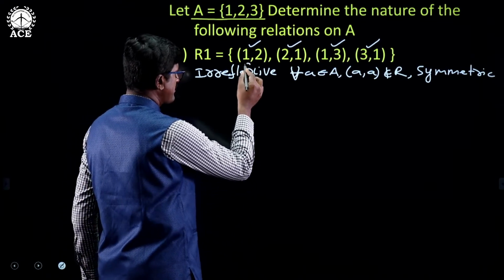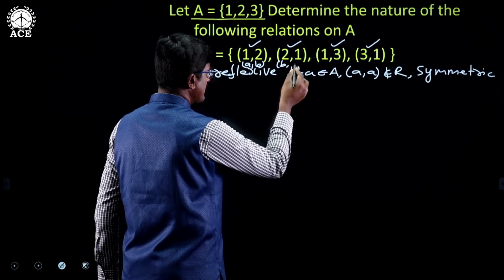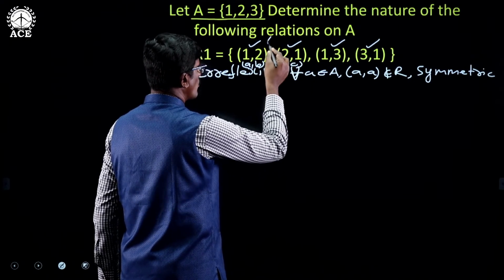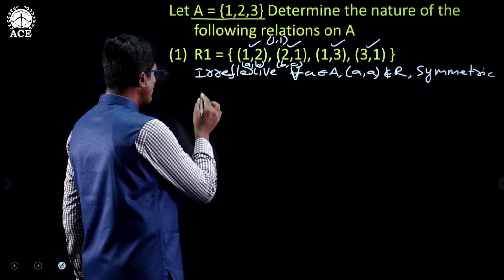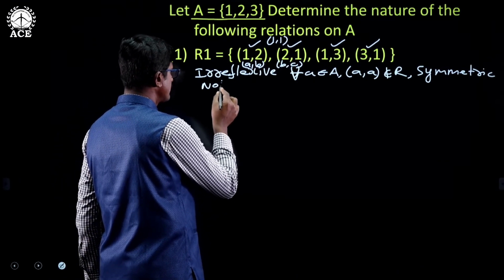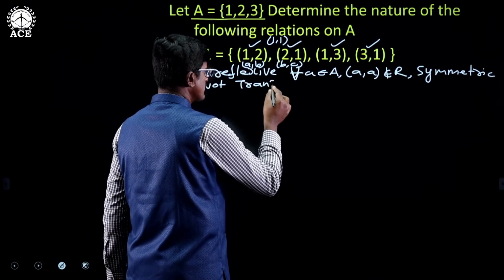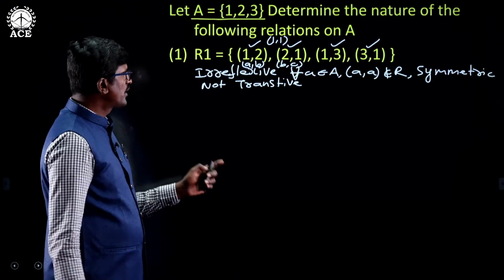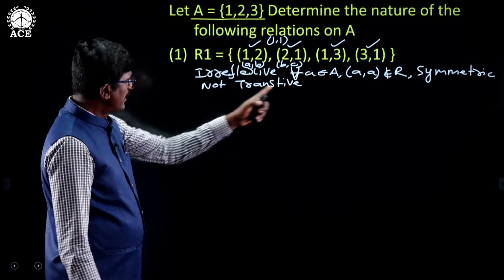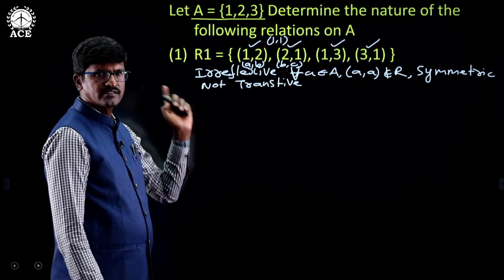Take (a, b) and (b, c), then (a, c) would be (1,1). (1,1) does not belong to R. Therefore, it is not transitive. So the relation R1 is symmetric and irreflexive, and not transitive.